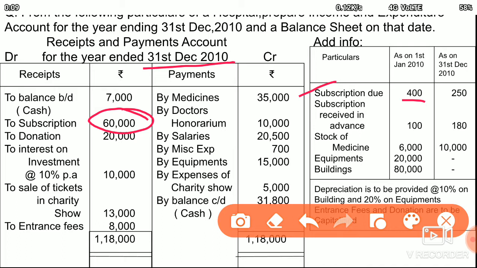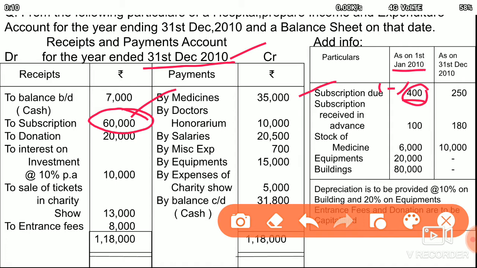That means it was the outstanding at the year ending of the previous year, so it was outstanding in 2009. If no information is provided, we assume that the outstanding of 2009 will be received in 2010. So it is there in this 60,000. So we are going to subtract this.